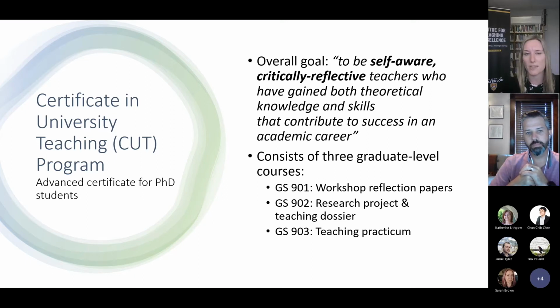And then 903 is a teaching practicum where we come in and observe them twice teaching in undergraduate courses or graduate courses. That's a high level overview of the program.